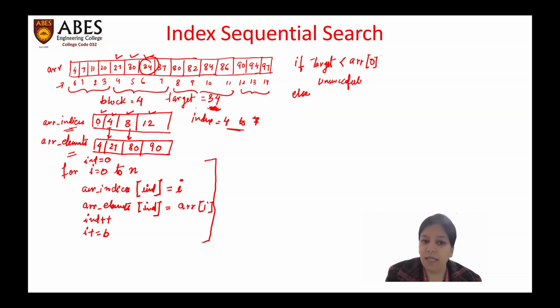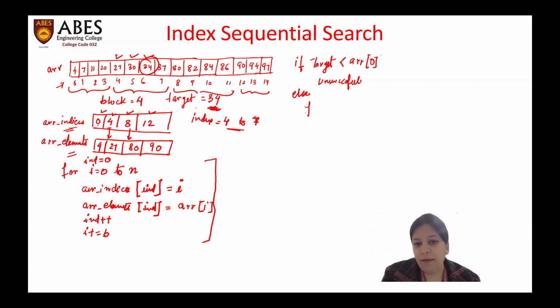We are going to check this 34 with the value stored at the second index of the indices array, because we have already compared it with the first index, and if it is less than the first index, then it is an unsuccessful search. So now we are going to check from the second index, right?